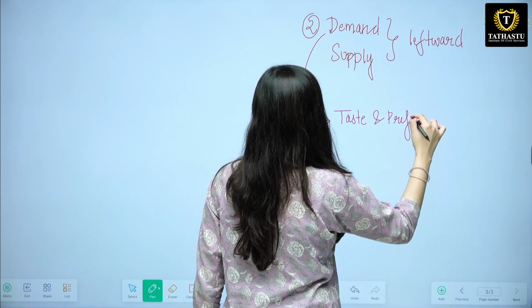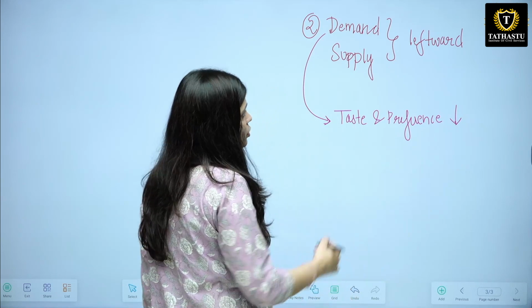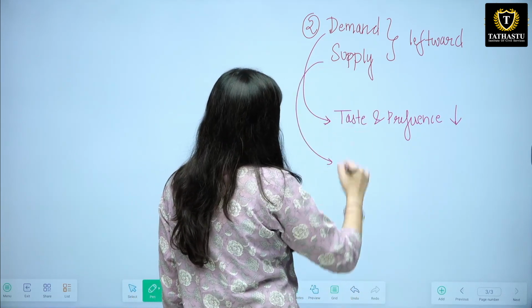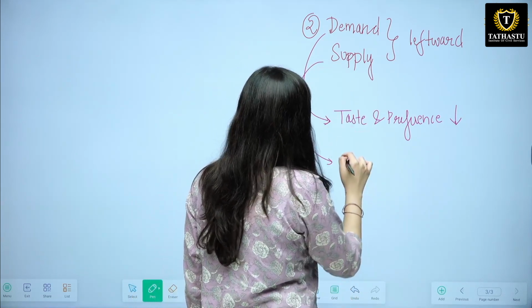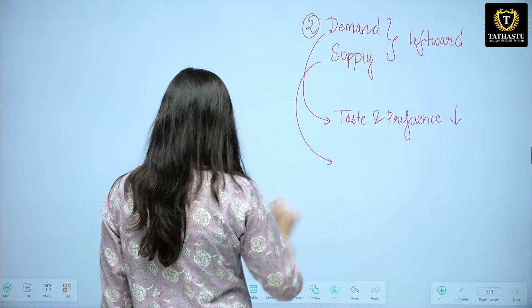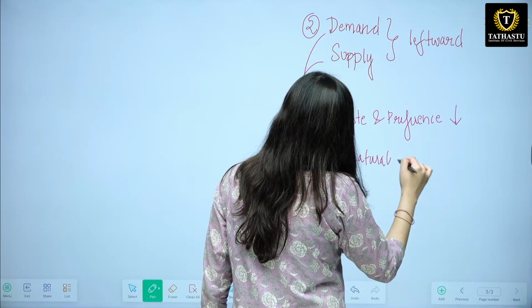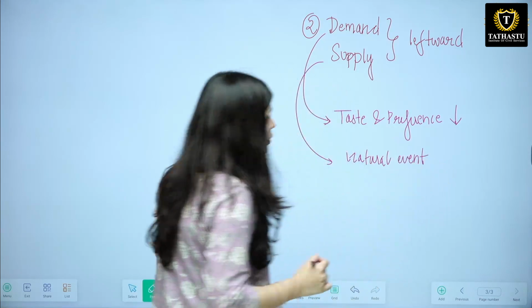Earlier everybody was using sugar, now they don't. So taste and preferences changed, not in favor of the commodity, that decreased the demand. And for supply, we can say that there is supply chain problem, or let's say natural calamity. Okay, natural calamity, natural event, a flood came, because of which the supply decreased.